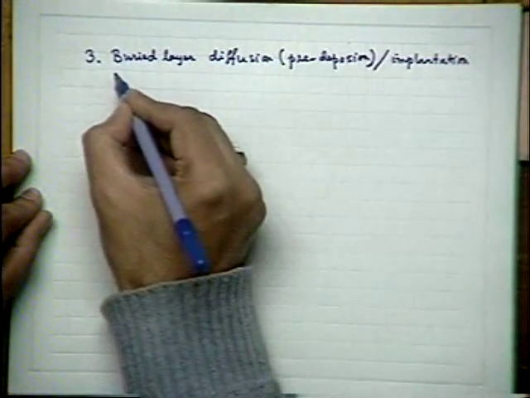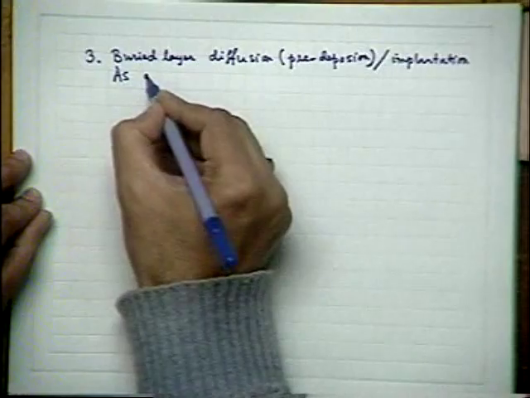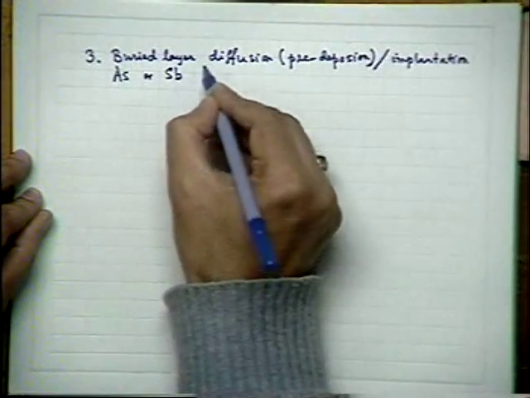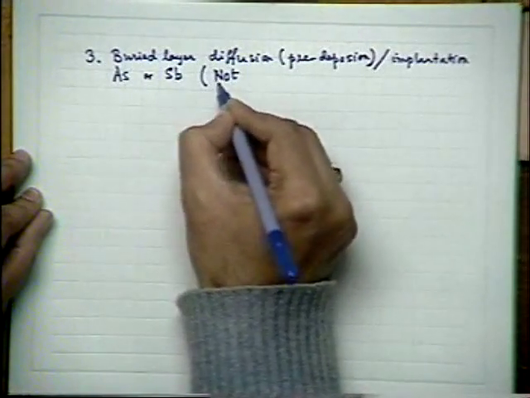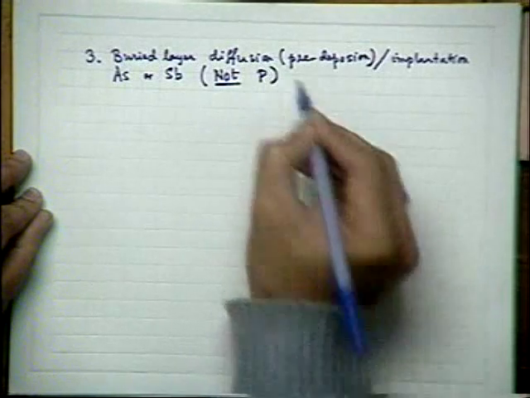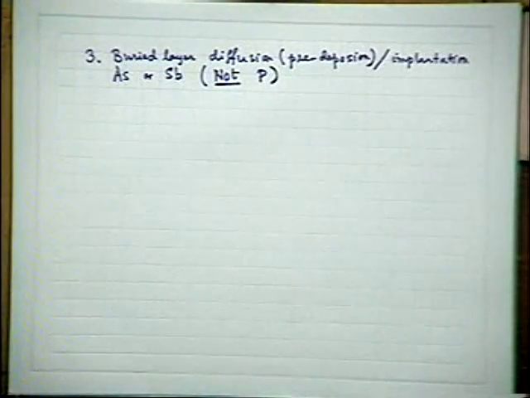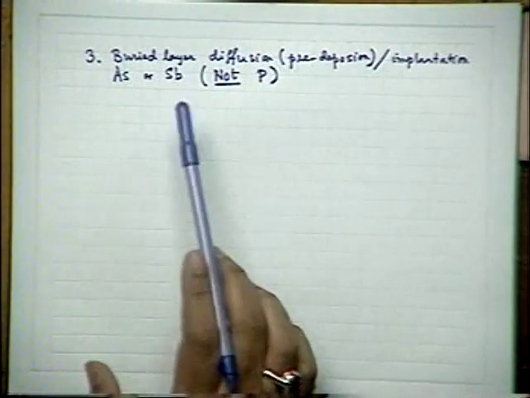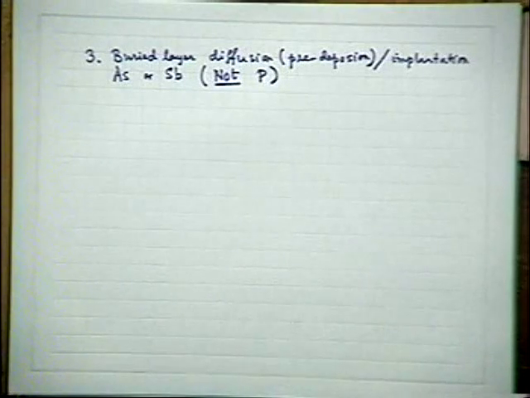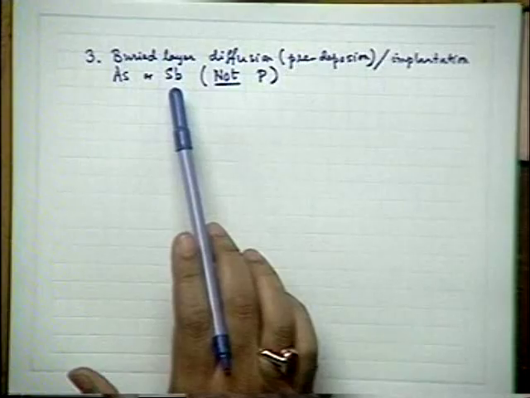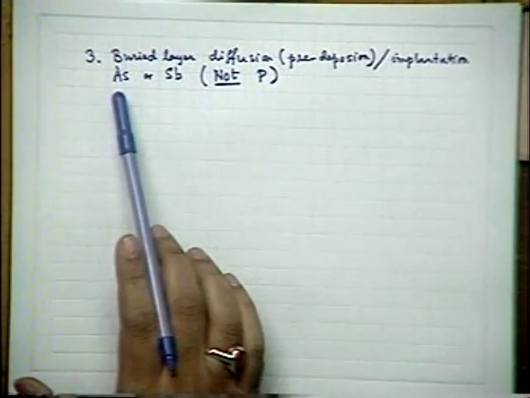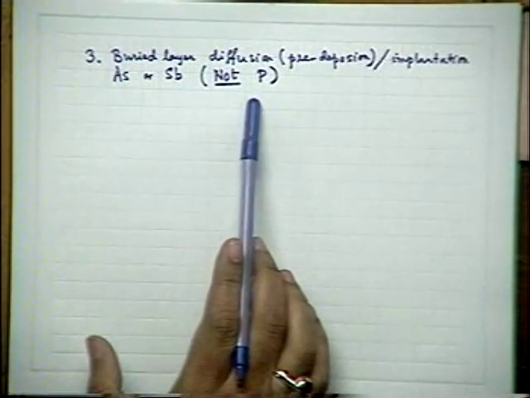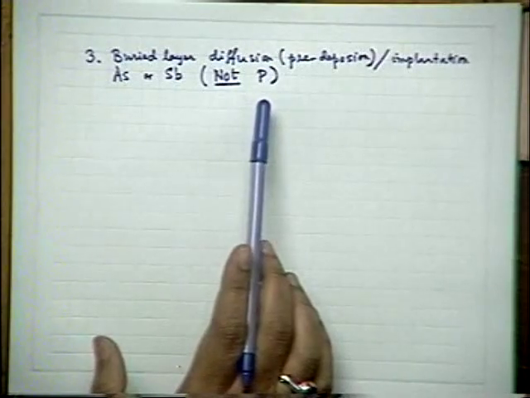Normally we use arsenic or antimony, not phosphorus, for buried layer creation. For the formation of buried layers, we never use phosphorus. We use arsenic or antimony for reasons to be discussed afterward, and I think I have mentioned earlier. This is a very important thing to be kept in mind.